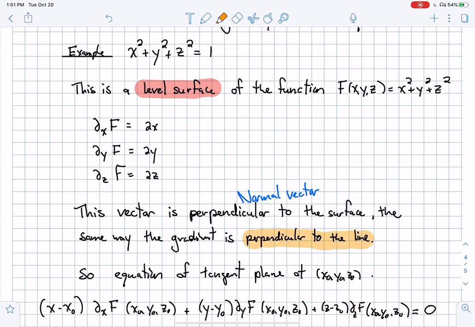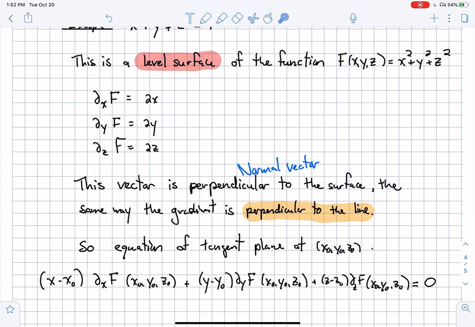I'll prove that next class. So I have the normal vector, it's very easy to compute, and therefore if I want the equation of the tangent plane, what do I do? Well, I take the dot product between x minus x0, y minus y0, and z minus z0 with that normal vector.